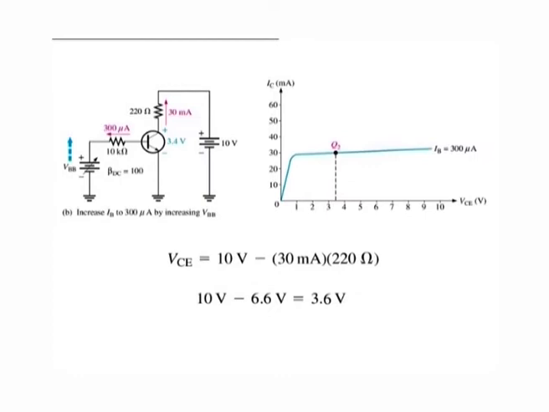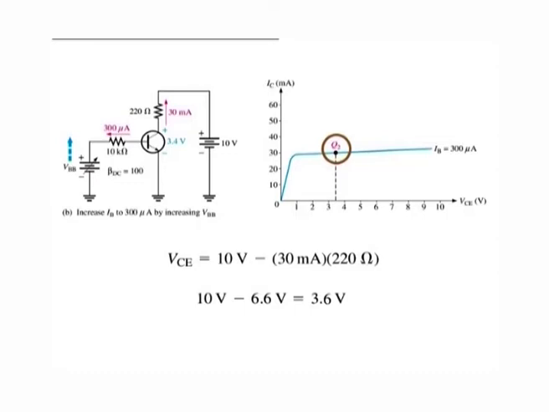Next, as shown in figure, VBB is increased to produce an IB of 300 microamperes and an IC of 30 milliamperes. Here VCE becomes 3.6 volts. The Q point for this condition is indicated by Q2 on the graph.